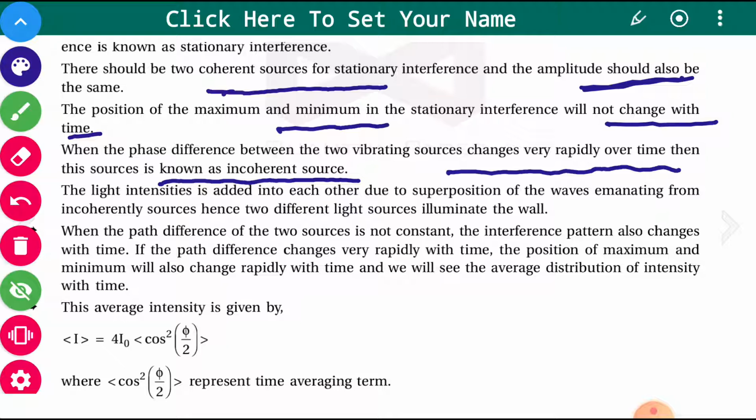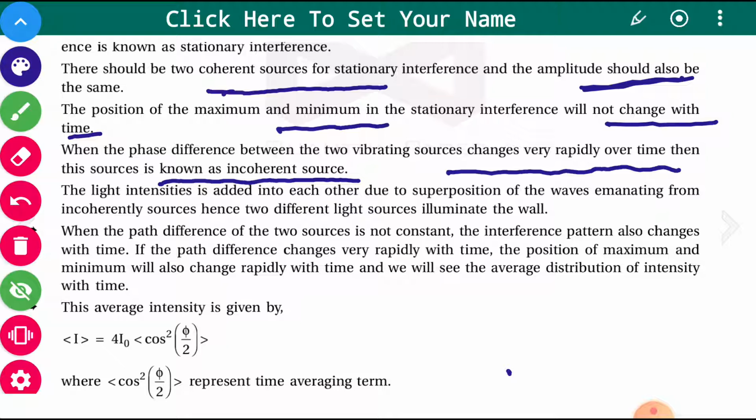The light intensities are added into each other due to superposition of the waves emerging from incoherent sources, and two different light sources illuminate the wall.